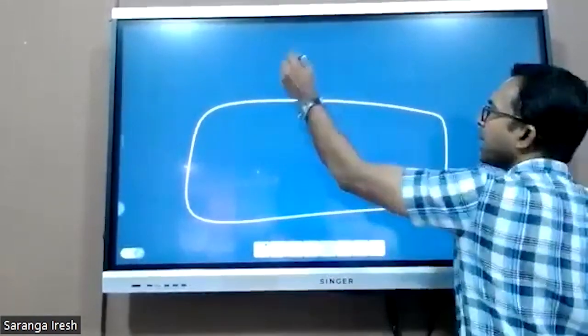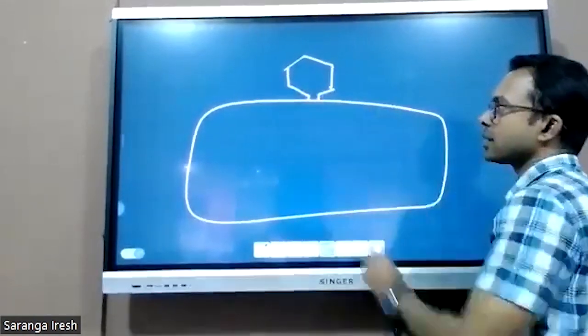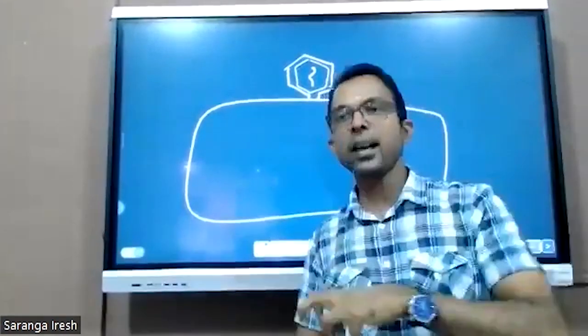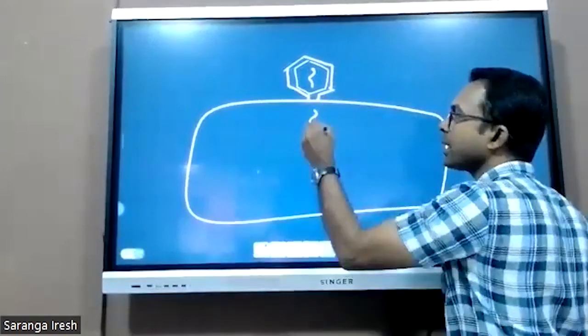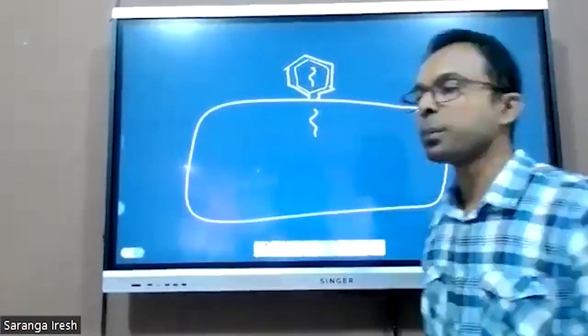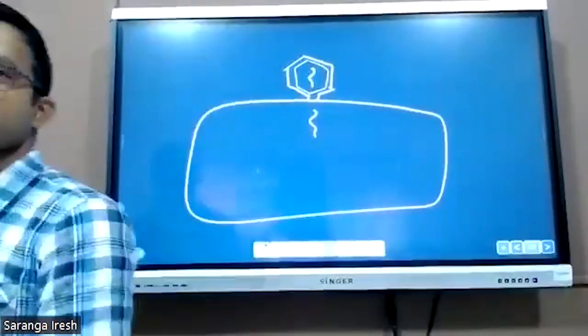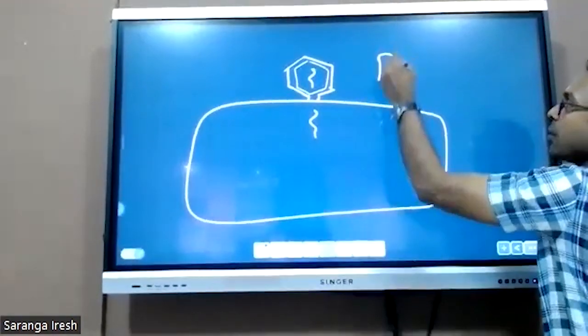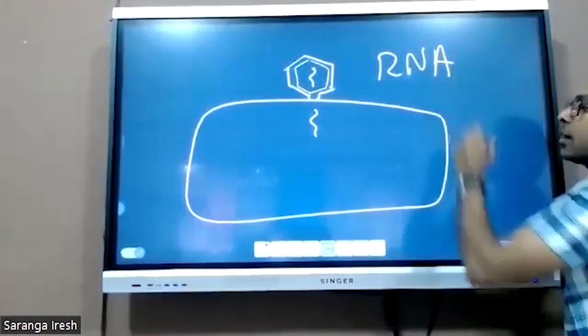So they first land onto the cell. Some viruses can get into the cell. Some viruses just land on the cell and release their nucleic acid into the cell. For example, think about the HIV virus, the AIDS virus, human immunodeficiency virus. That virus has an RNA molecule as its genetic material.